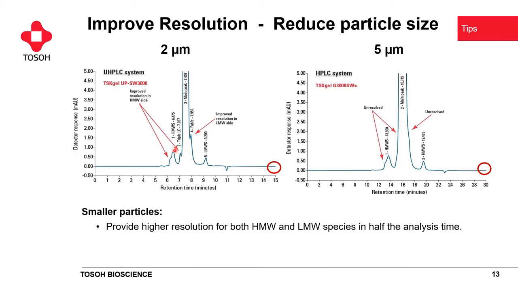In this case, for instance, we can see this little shoulder on the low molecular weight impurity side, which is not visible using a column with 5 micrometer particle size. Furthermore, we can reduce the analysis time using 2 micron particles instead of 5 micron particles.